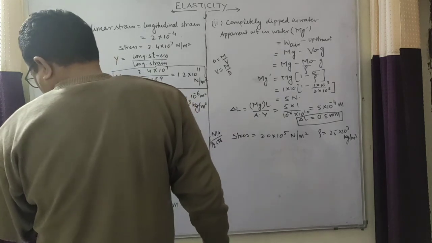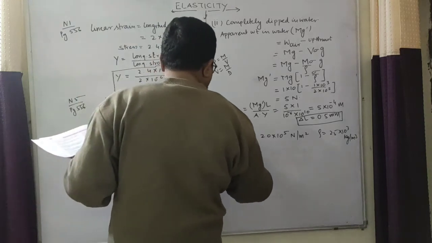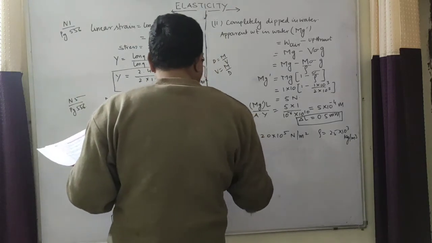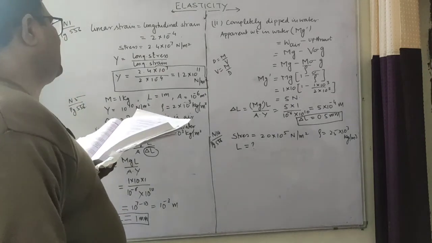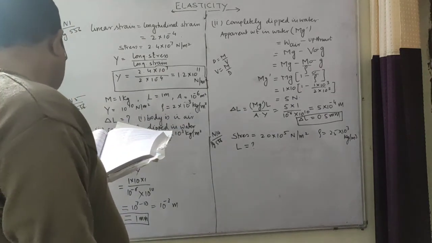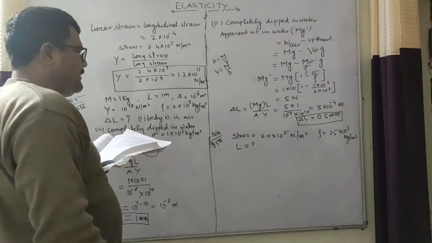So here you need to find maximum length, that is original length you need to find, at which it will not break. Breaking stress, I have told you, is the maximum stress which a wire can bear without breaking down.